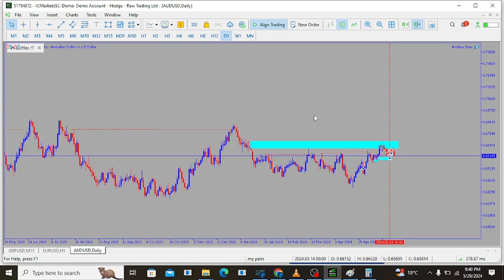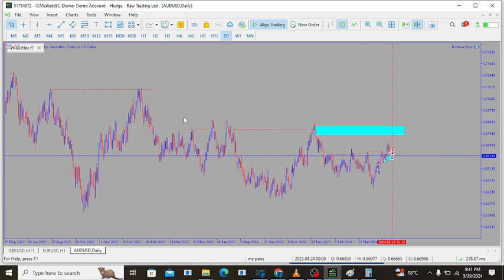We can go for this one. Before continuing to the downside, taking out this low.